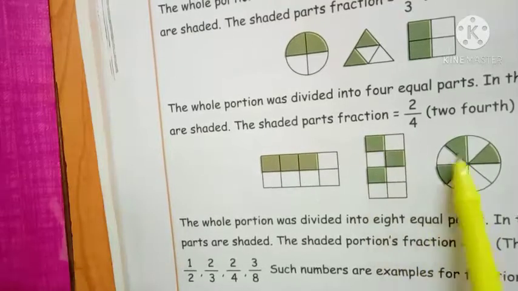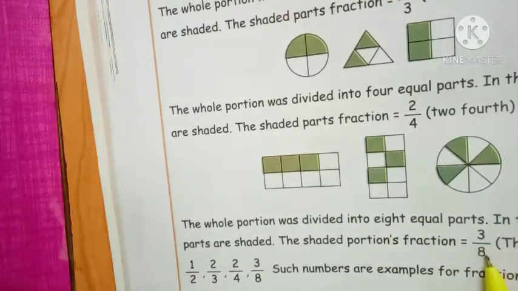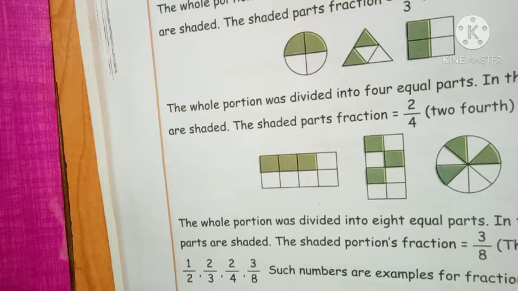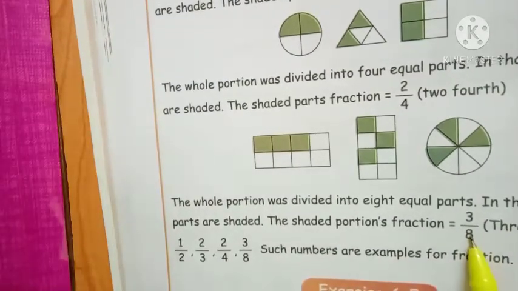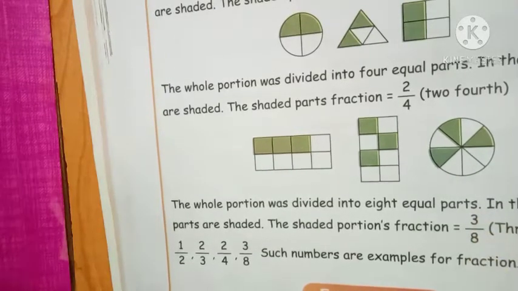The numerator is 3 and the denominator is 8. The whole is taken and divided; the number of parts it is divided into is called the denominator. The number of parts shaded is the numerator.